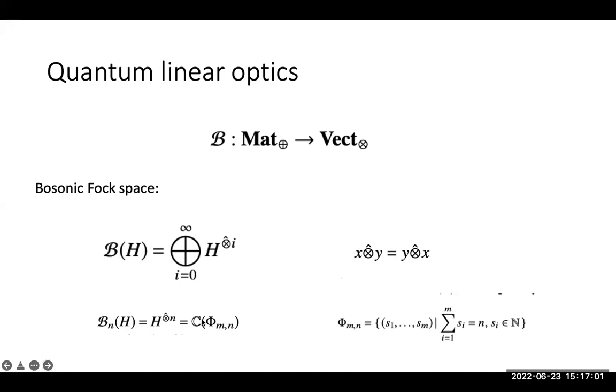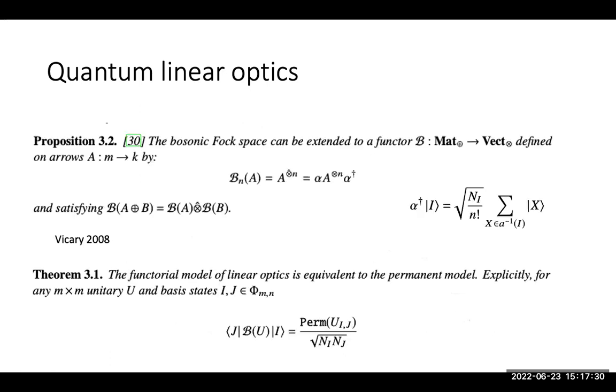And it's isomorphic to the free vector space over phi m,n, where phi m,n is basically the set of occupation numbers of n photons in m modes, where m is the dimension of H. So here it's just a list of natural numbers of size m, which sum to n, the number of photons.